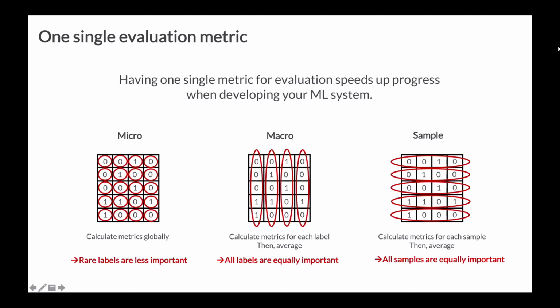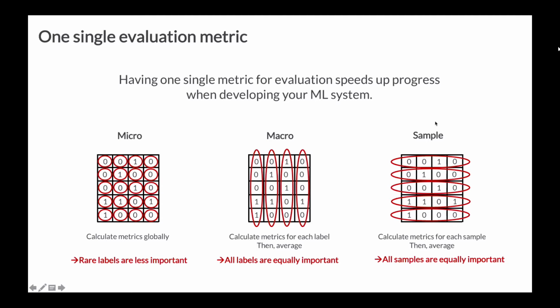But the macro F1 score, on the other hand, will proceed by calculating an F1 score for each label apart and then average all these scores together. As compared to the micro F1 score, this takes into account label importance and leads to higher importance for rare labels.